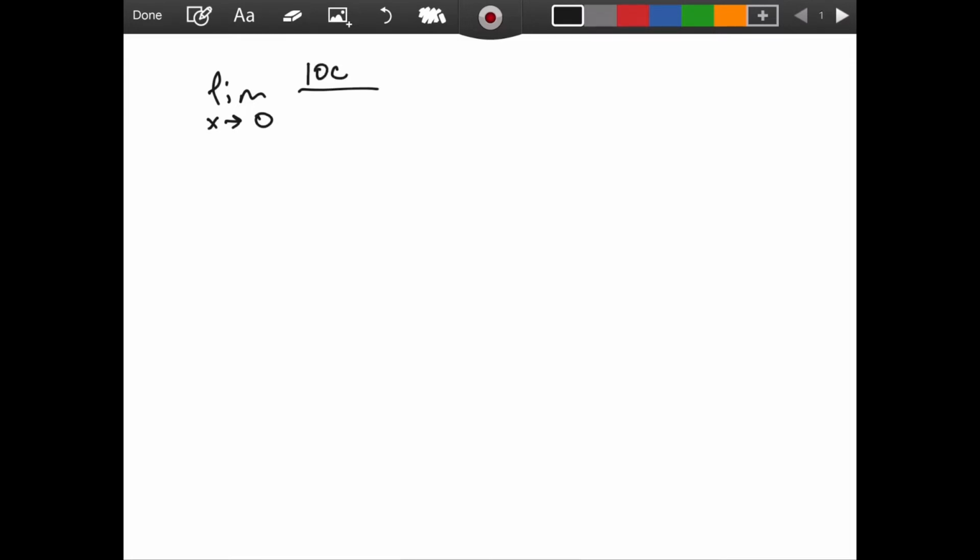And also, before giving you the law and then proving it, I want to tell you where L'Hopital's rule is useful. For example, if you were to have a limit, let's say x approaching 0 of 1,000 divided by x, you would say that this is equal to infinity.